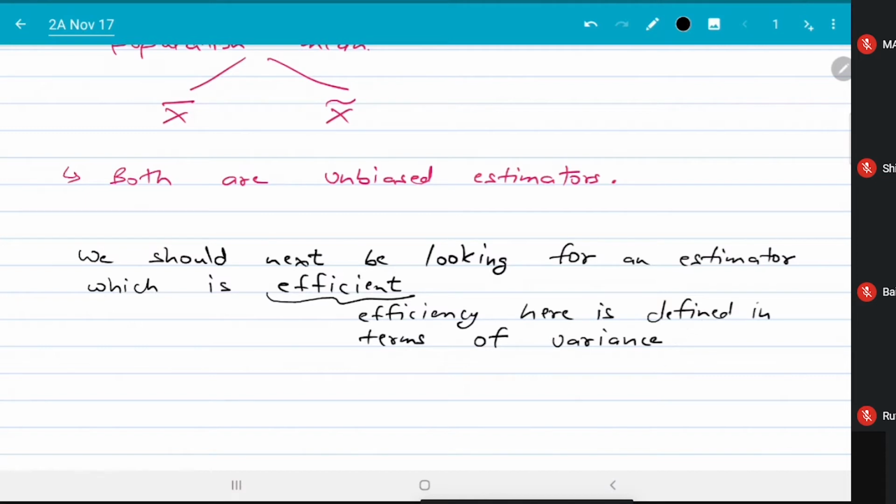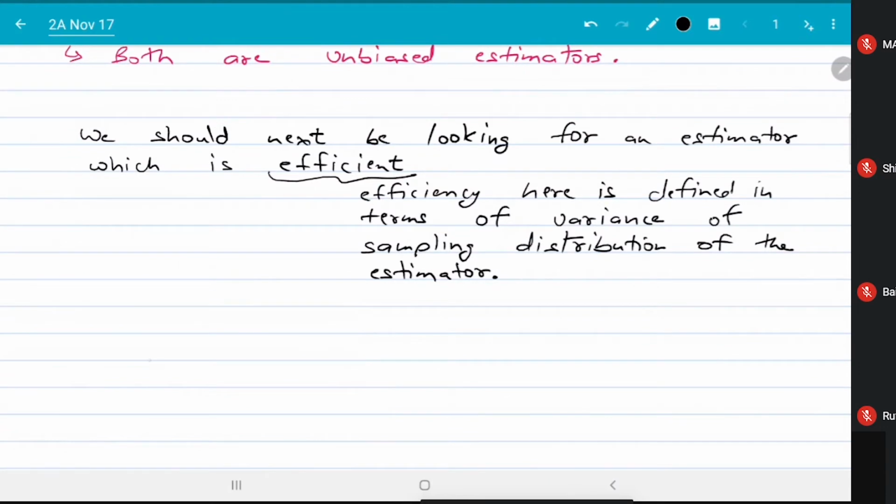Let me just use the word variance here. Variance of the sampling distribution of the estimator. Which brings us to the next subsection, which is the minimum variance unbiased estimator.